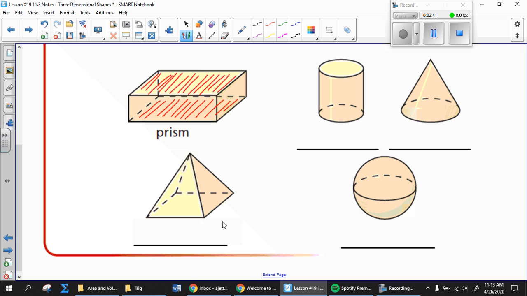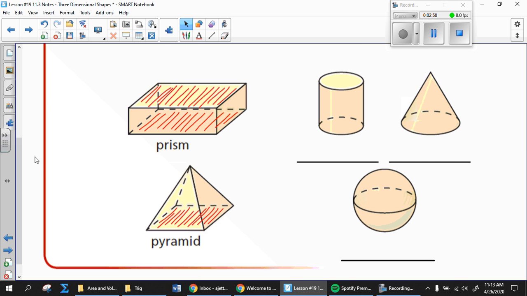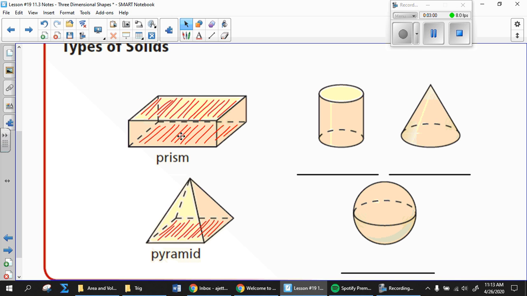Down here we have a base. In this case our base is a rectangle. And then notice all the other faces are actually triangles here. It's a little bit different. We call that a pyramid. So a prism has two bases, all the other sides are rectangles. Pyramid, one base, all the other sides are triangles.